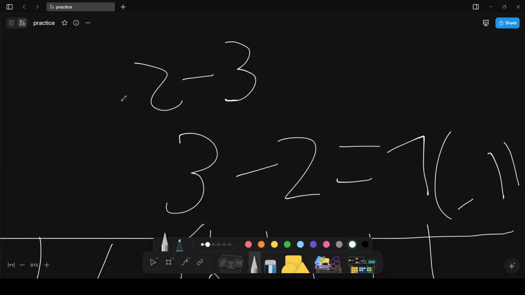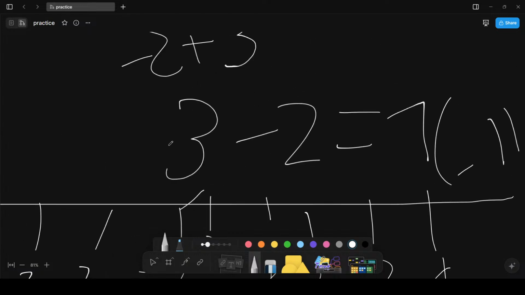Let's do these two scenarios, the simple ones, 3 minus 2 and 2 minus 3, which will prove why we need to keep the sign of the bigger number.